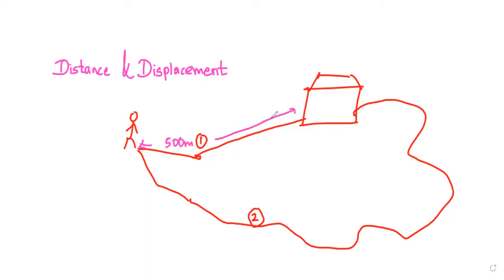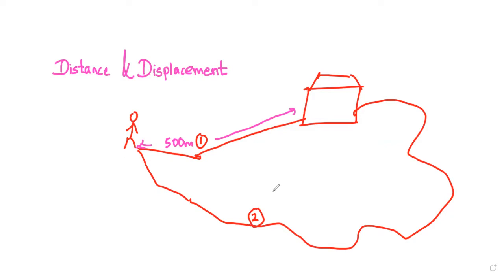So the total length of the first road is 500 meters. What's the distance you have covered on your first day? The distance is the total path length you have walked. That's known as distance. Distance simply means the total path length, whether you or a vehicle.